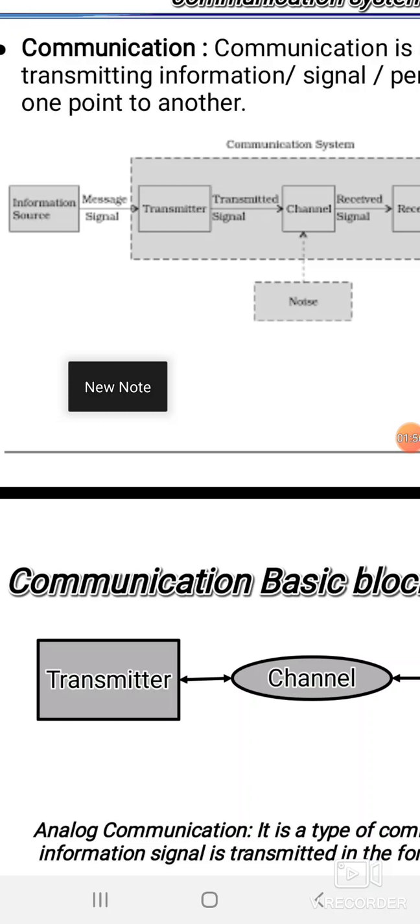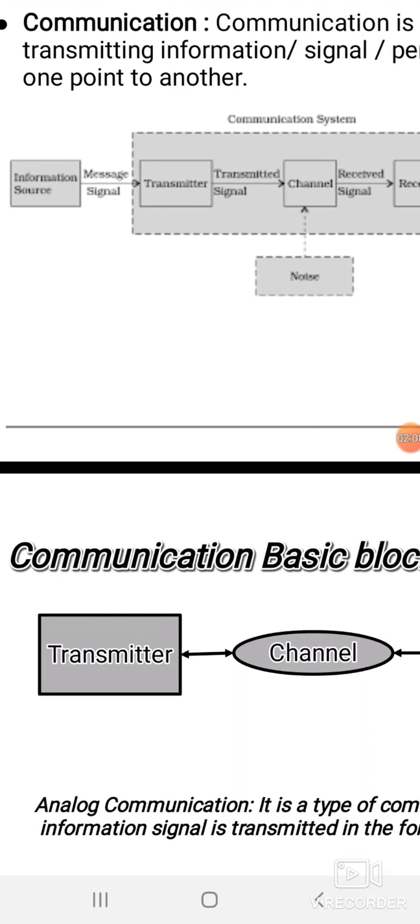I may be audible properly for the first two benches, but not for the last bench students. So instead of transmitting the voice signal as it is, I am increasing the strength of the signal, amplifying it through the mic, and after amplification passing it through the communication channel.